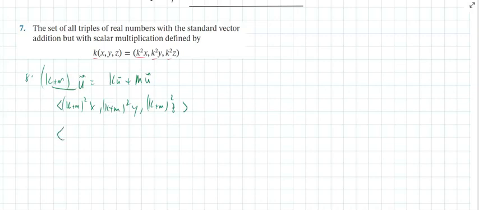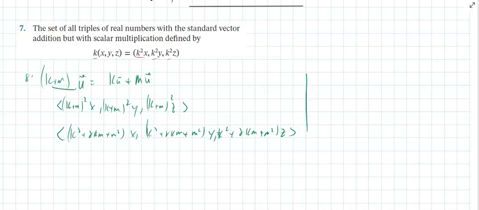But we know that equals (k squared plus 2km plus m squared) x, and similarly for y and z.